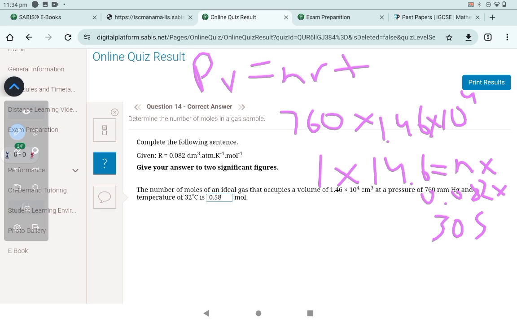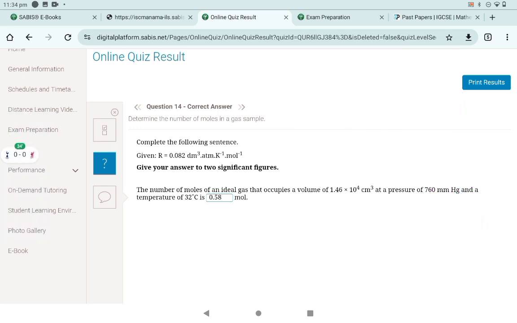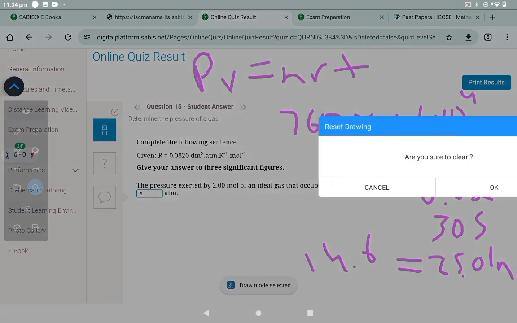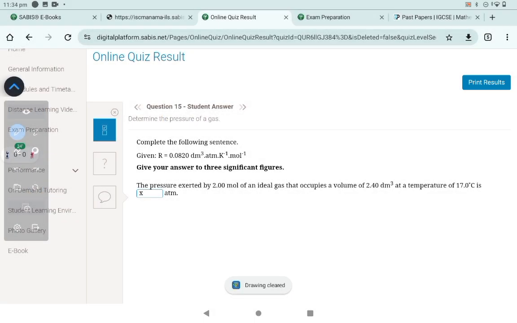We get 25.01, n is equal to 14.6 over that. Now just divide 14.6 by 25.01. We get 0.5837, to 2 significant figures, it's going to be 0.58.